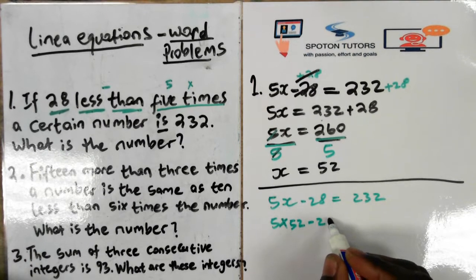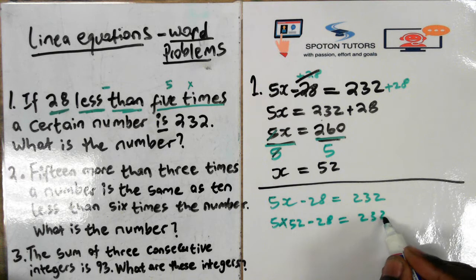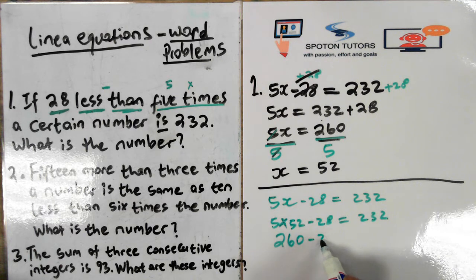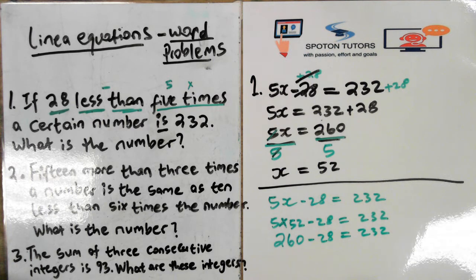minus 28 gives you, okay, so which means that 5 times 52, that should be 260, minus 28, which is equal to 232.